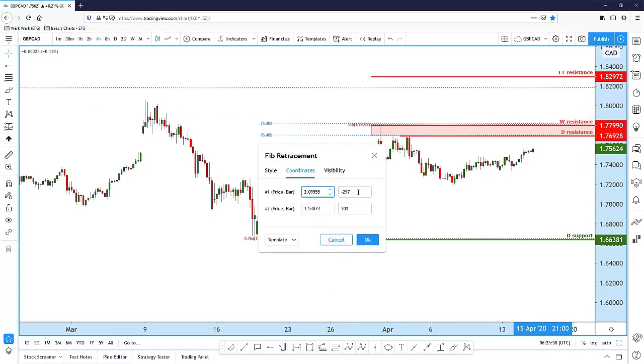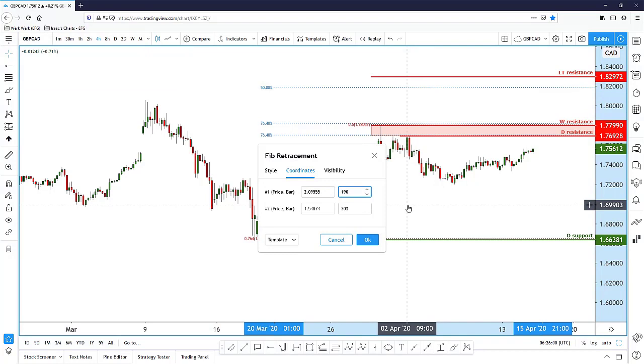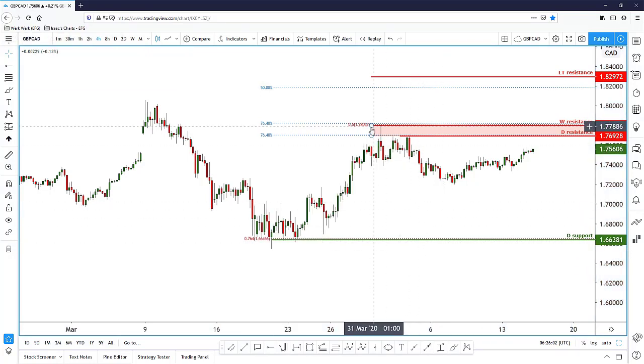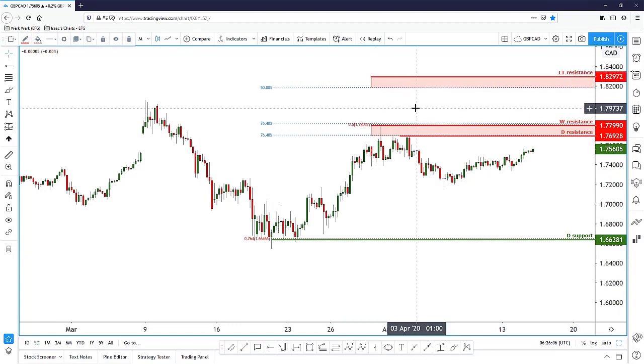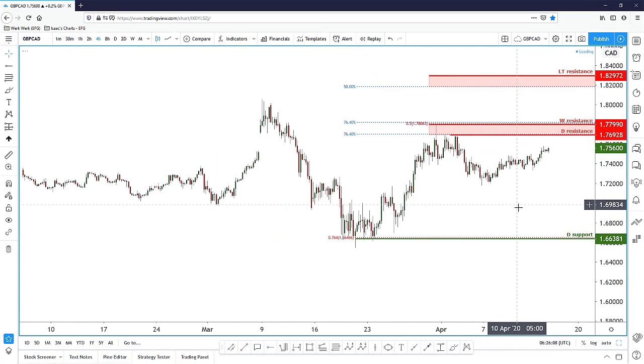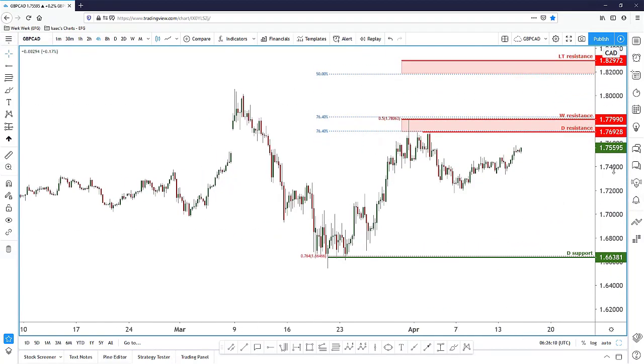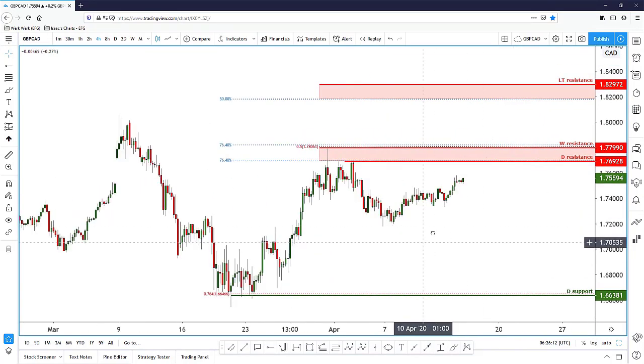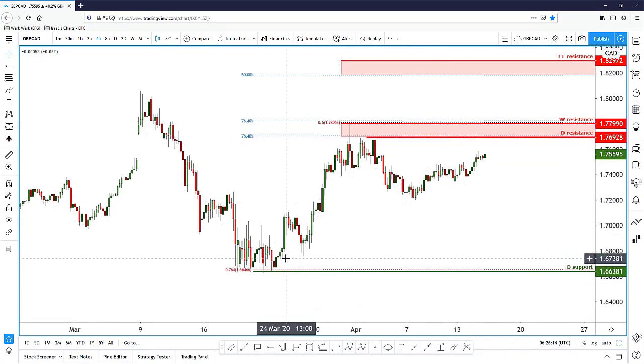Okay, tidying this up. Let me just add this zone here, a long-term resistance zone as well. Okay, so now what we want to do is focus on this area on a 4 hourly.